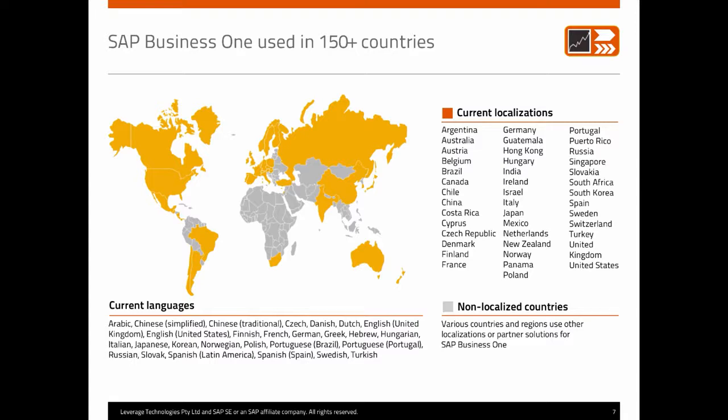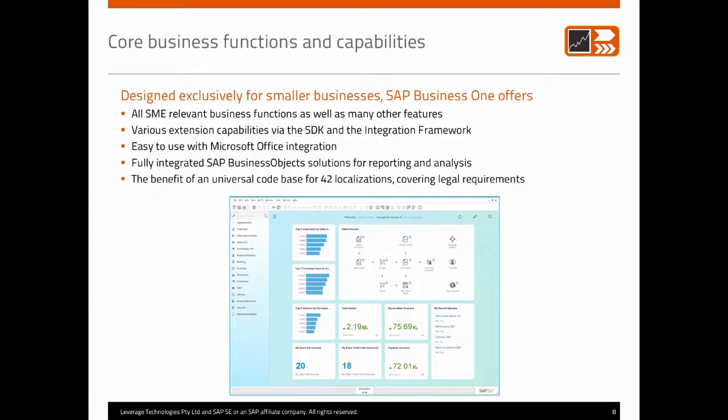Okay, so suffice it to say that the localized functionality you need, there's a good chance that that's going to be there in SAP Business One. And of course, if there's not, we're going to talk to you about that and help you figure out how do you deliver on the business requirements that you have with an SAP Business One solution. That's our job at Leverage.